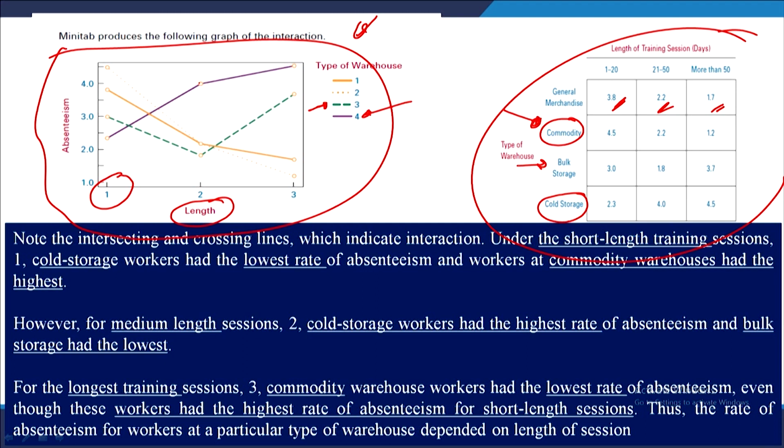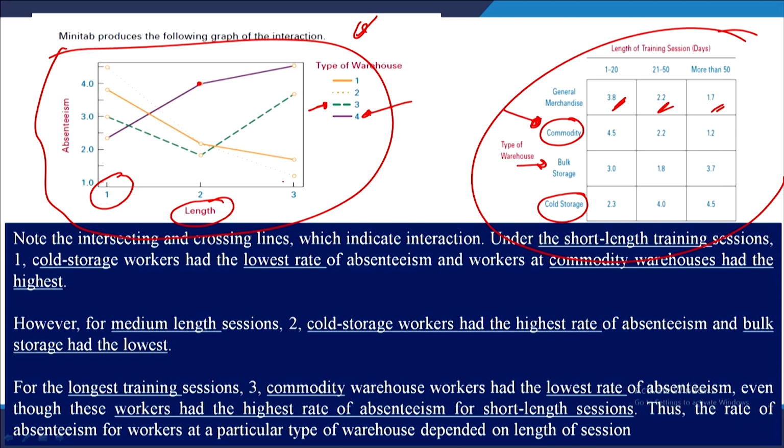Just see, highest rate is here, right, it means fourth one, right. So, highest number of absenteeism is amongst the workers of commodities warehouse, but for medium term session the highest absenteeism is for cold storage workers.